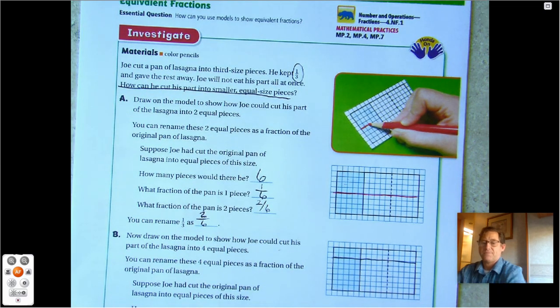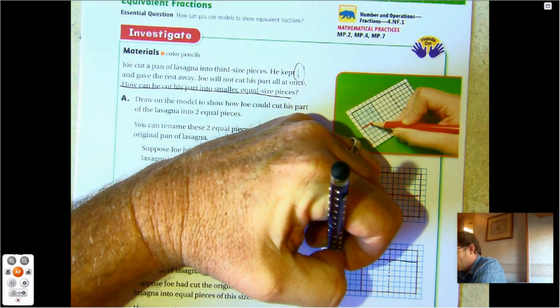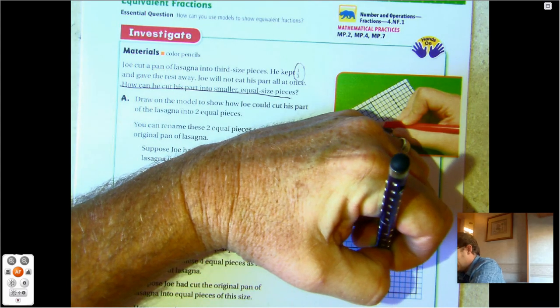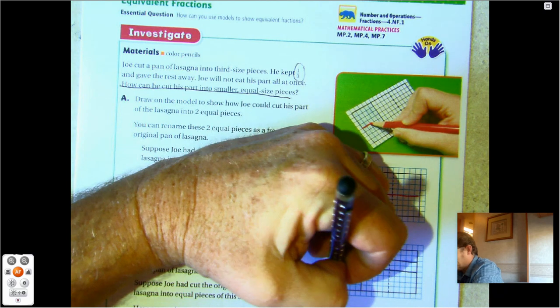Let's take our 8 pieces and divide by 4. So that would be 8 sections divided by 2. Each part would be 2 rows. They would be divided into two rows each. So we're taking the 8 rows here, dividing by 4 to make rows of 2s.